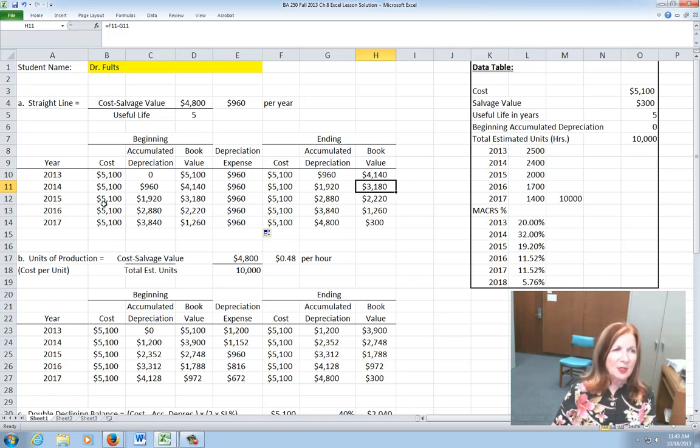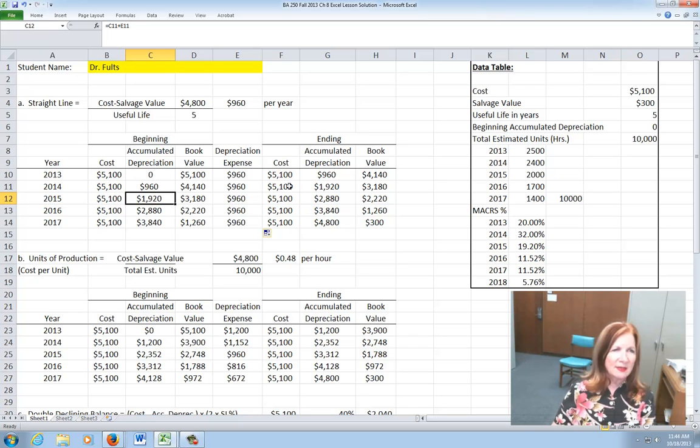Now you can come back over here. This 5100 you already have in there because you dragged those down. Those are all the same amount under the straight line method. Now we're going to put in C11, the accumulated depreciation above, plus the depreciation expense, E11, and we'll get the new accumulated depreciation.